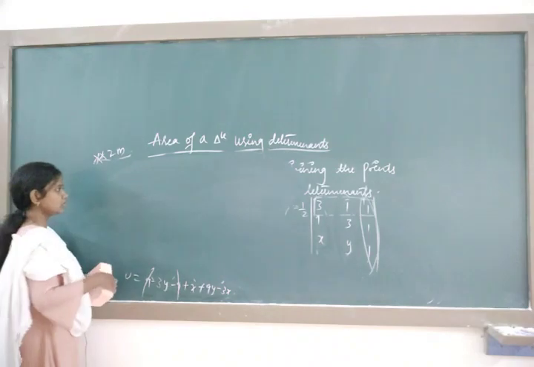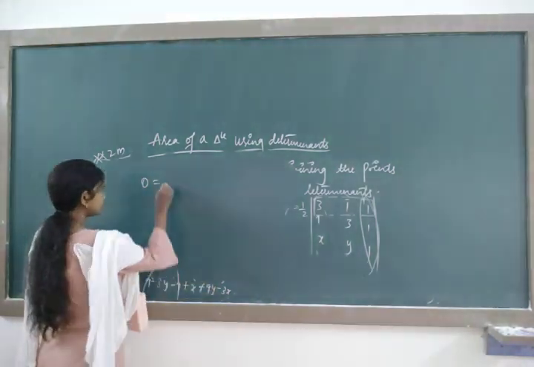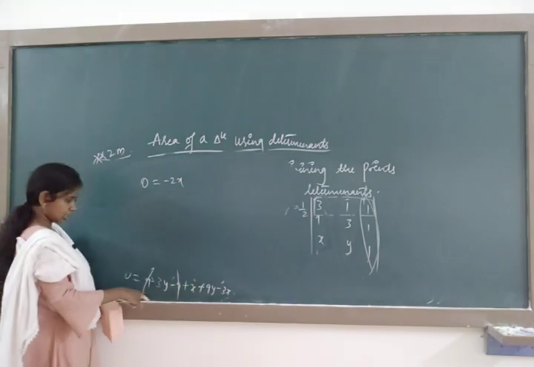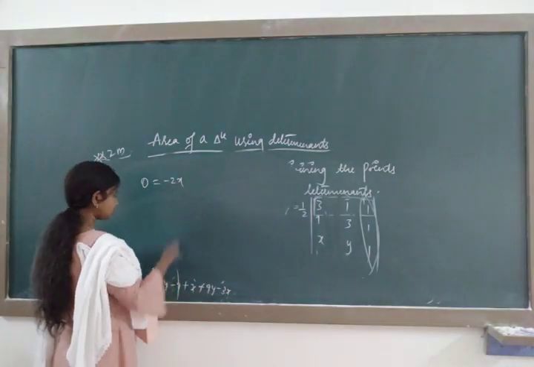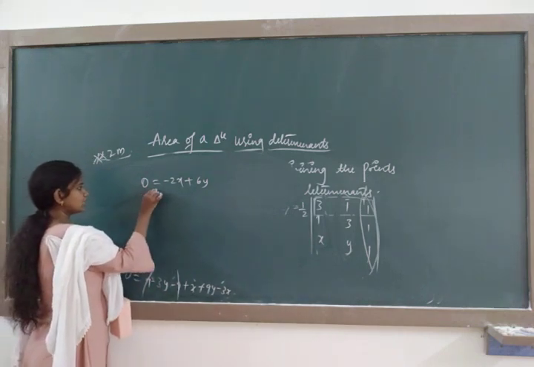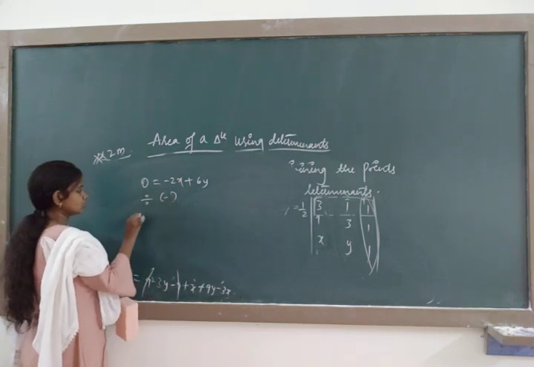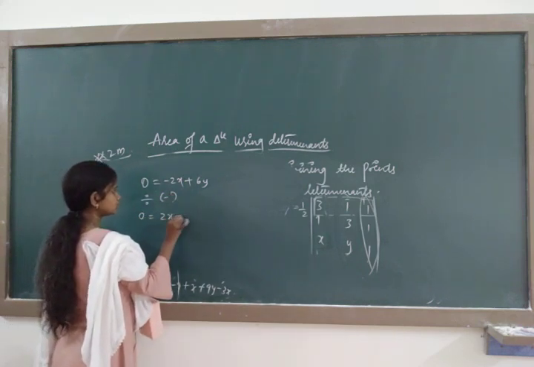Next, 0 is equal to: simplify x minus 3x, it's minus 2x; 9y minus 3y is plus 6y. To look nice, I will divide throughout by the minus sign. So 0 is equal to 2x minus 6y.